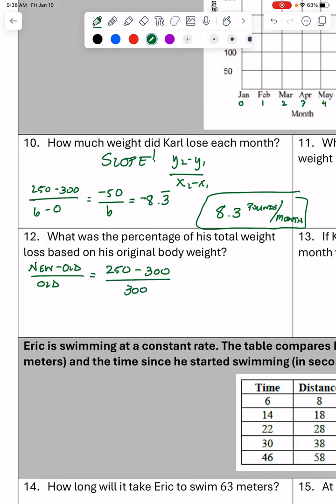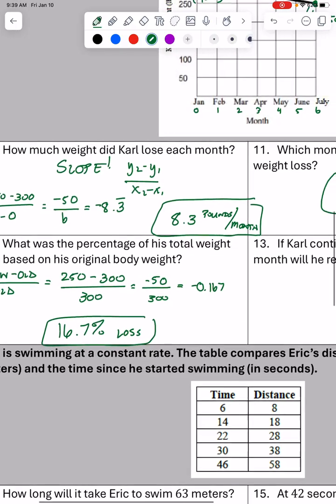So this would be negative 50 over 300, which again, calculator, if we do that, would give us negative 0.167, and the negative just represents it's a loss. So we would say that is 16.7% loss of his original body weight, okay?